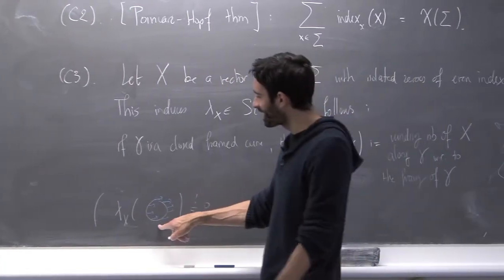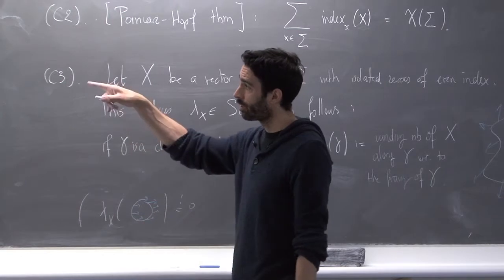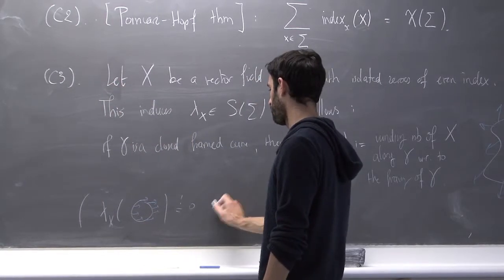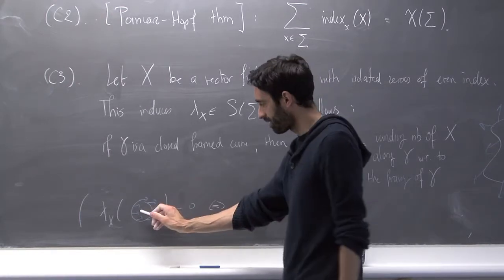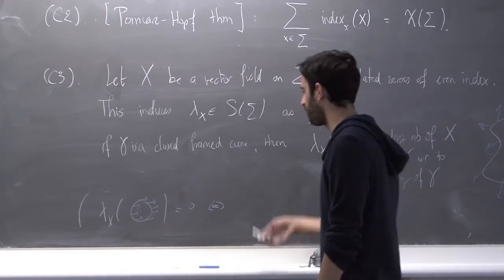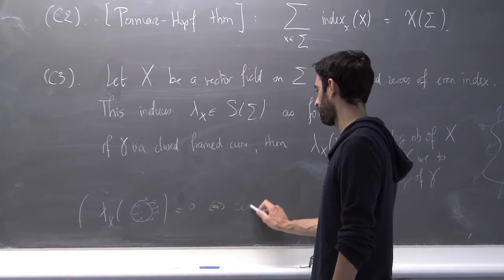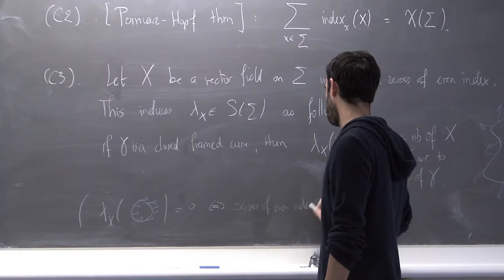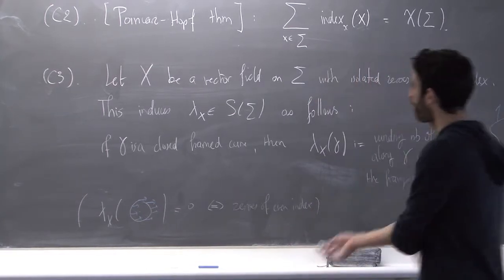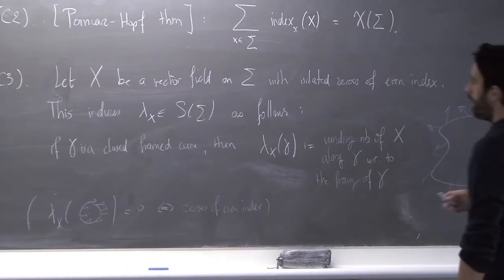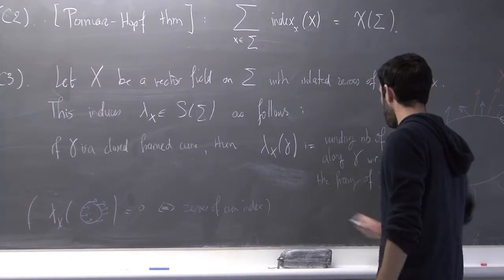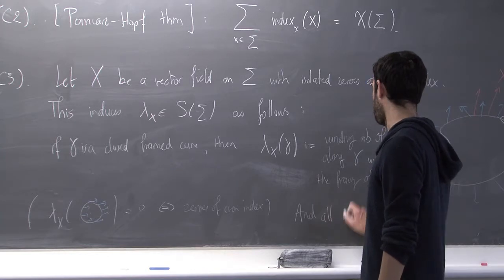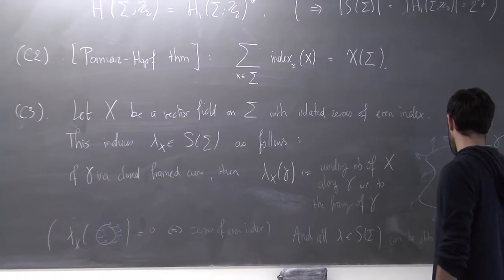And you recognize that this is exactly the condition that the index is even. That whenever you have a zero, it's of even index. And I'm just going to state here that all spin structures are of this form.